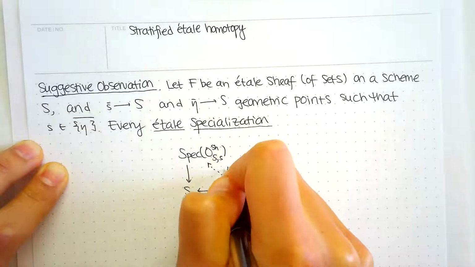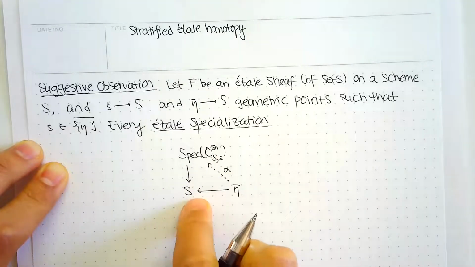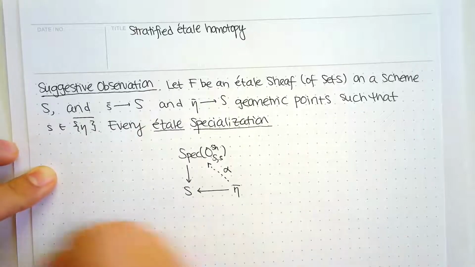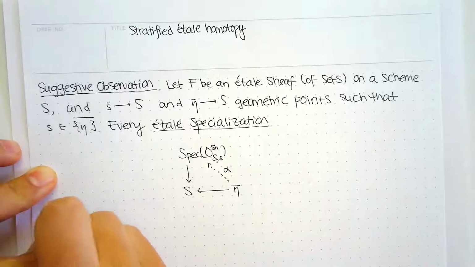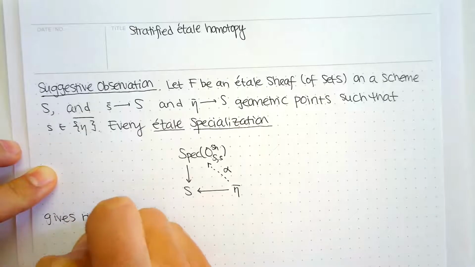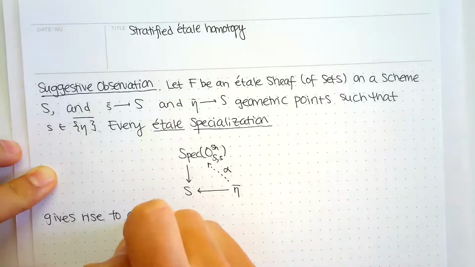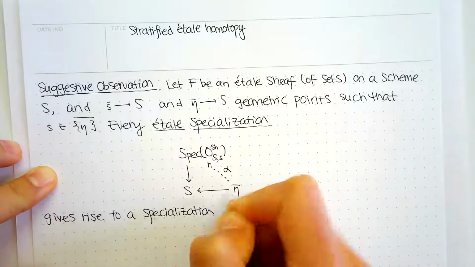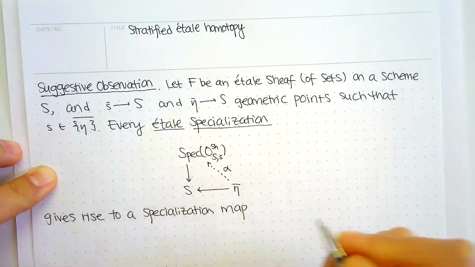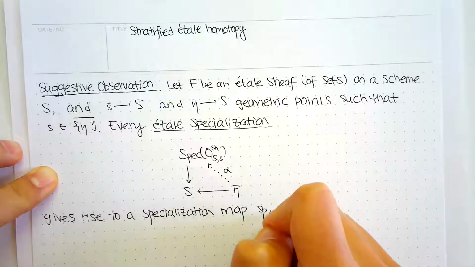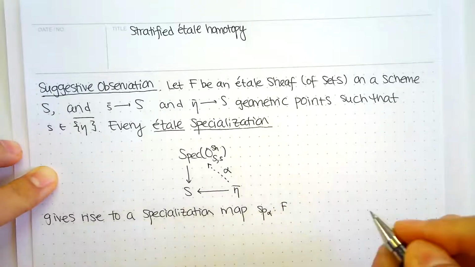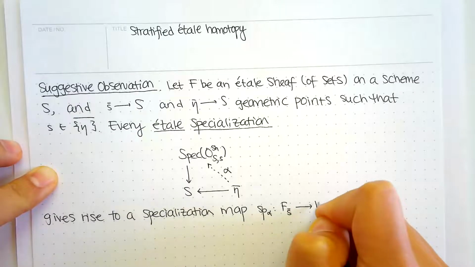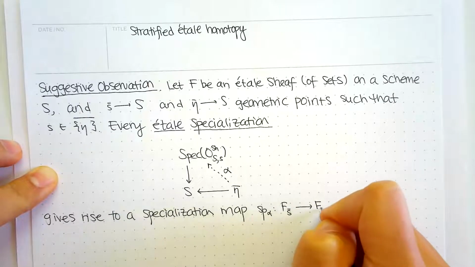And for every lift of this point to this infinitesimal neighborhood, this gives rise to a specialization map, let's call it SP sub alpha, from the stalk of your sheaf at S bar to the stalk of the sheaf at eta bar.